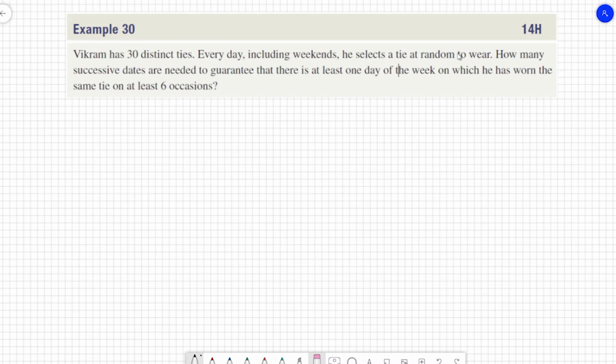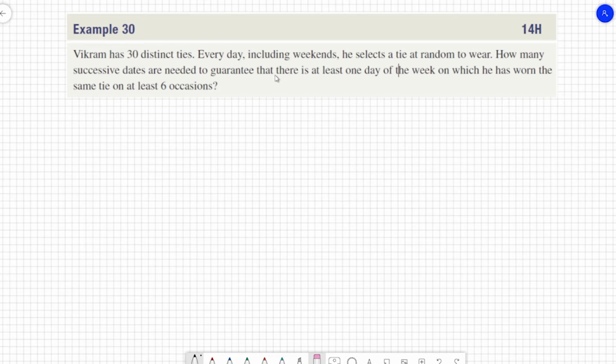How many successive days are needed to guarantee that there's at least one day of the week on which he has worn the same tie on at least 6 occasions? Because he mixes his ties and the days, we're trying to find how many times he would have worn the same tie on a Wednesday 6 times, or on Thursday 6 times, and so on.